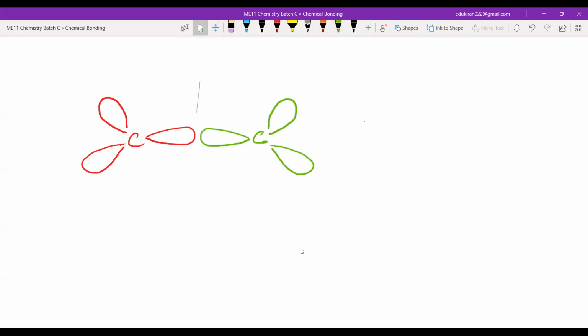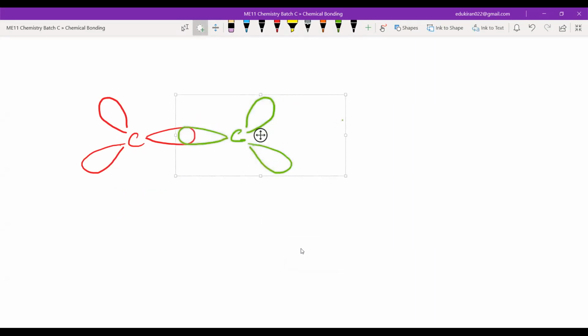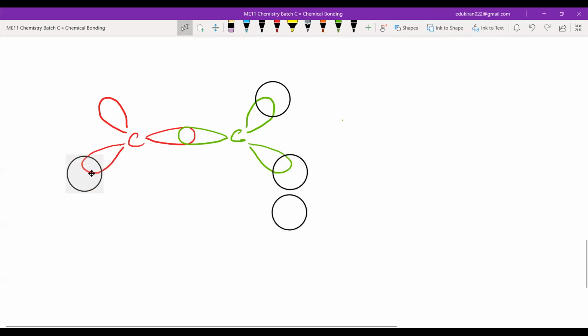So the green carbon. And these two will be overlapping like this. Then you will have the hydrogens. These are the hydrogens.